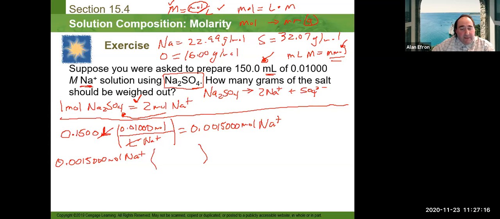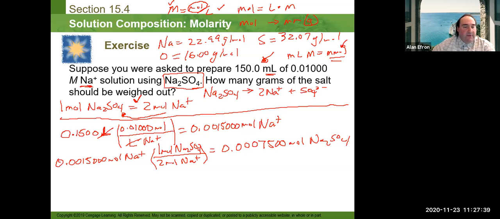Using the formula as a conversion factor, we get 2 moles of sodium ions for every 1 mole of sodium sulfate. So we divide that by 2, which gets us 0.00075 moles of sodium sulfate. First off, any questions up to that point here?